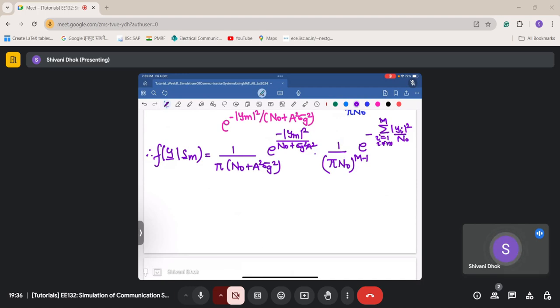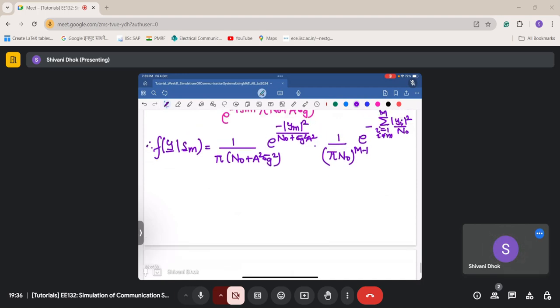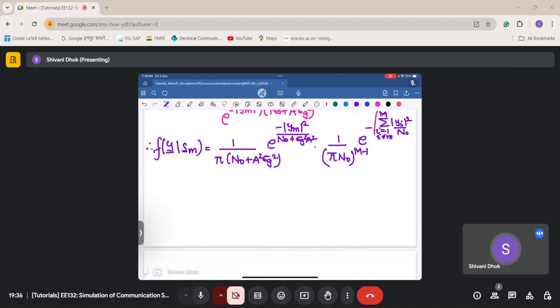Let's simplify this a little bit. What I can do is, this particular summation that I have here, I can write as summation i equal to 1 to m of magnitude of yi square by N naught, minus, I am ignoring this minus sign, this is outside only, this minus magnitude of ym square by N naught.